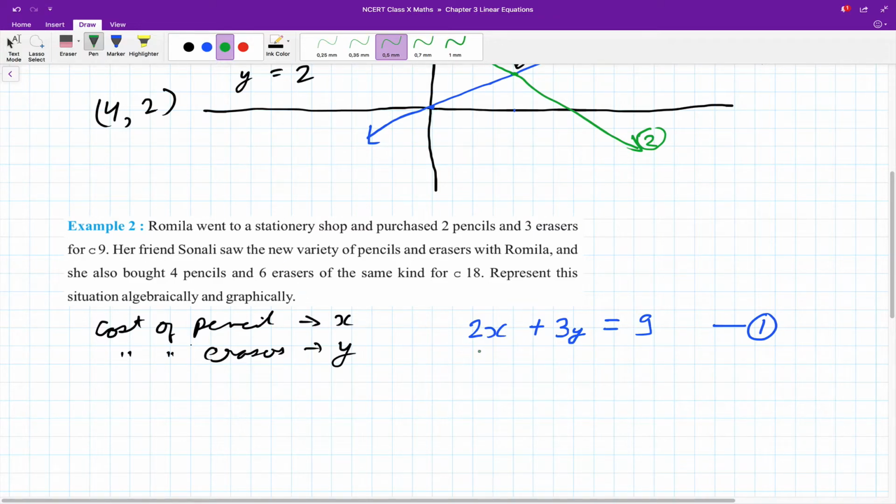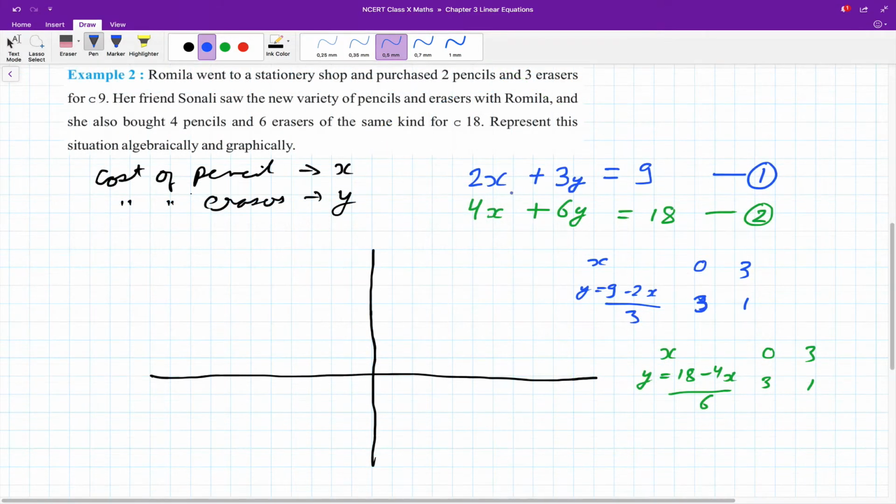Now for Sonali. Sonali bought 4 pencils, 1 pencil costs x, so 4 pencils will cost 4x. And she bought 6 erasers, 1 eraser costs y, so 6 erasers will cost 6y. Both of these together sum up to 18. So this is our equation number 2.